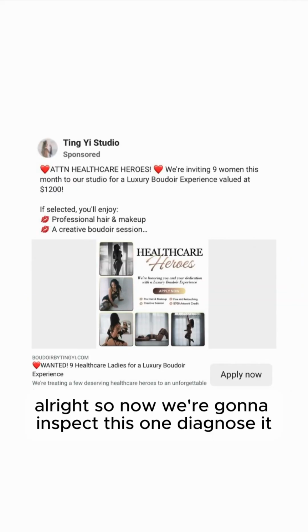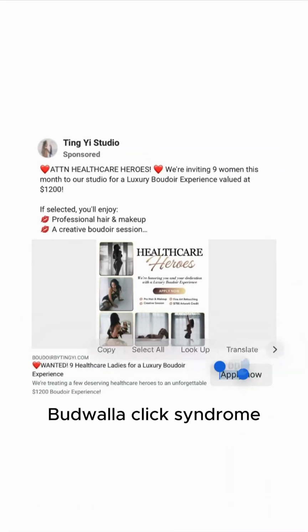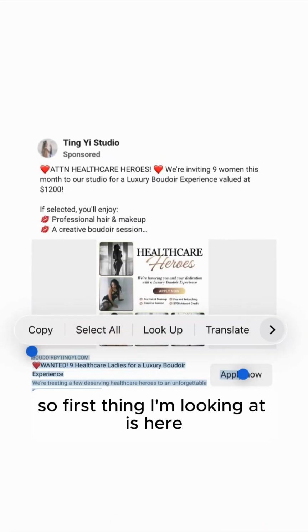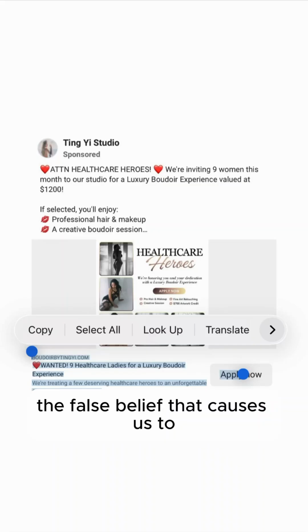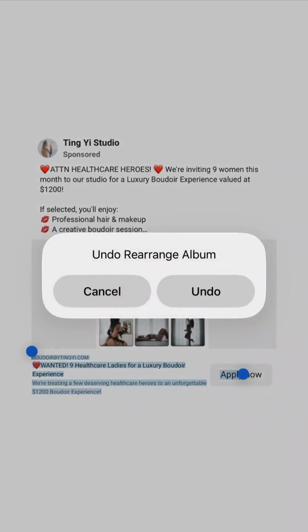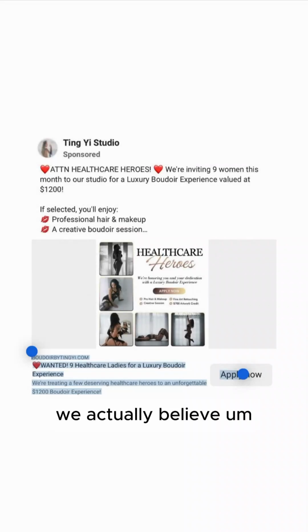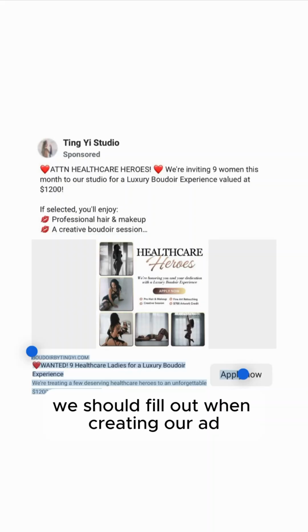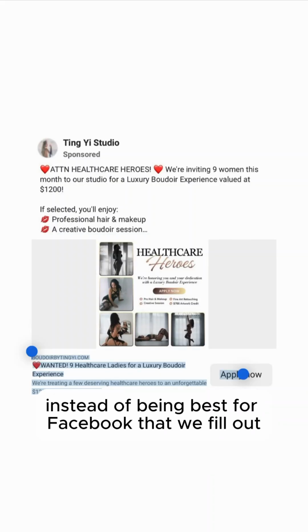All right, so now we're gonna inspect this one, diagnose it, see if we believe it has BLCS, Boudoir click syndrome. So first thing I'm looking at is here, we got the below creative cluster mistake. The false belief that caused us to make this mistake is that we actually believe we're trusting what Facebook recommends we should fill out when creating our ad is what is best for us to fill out, instead of what is best for Facebook that we fill out.